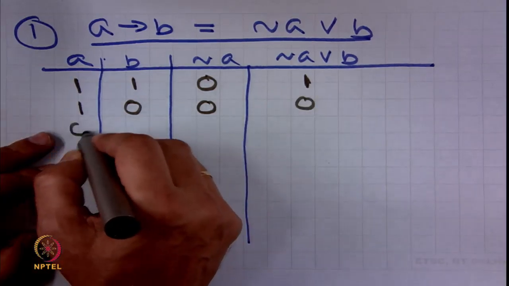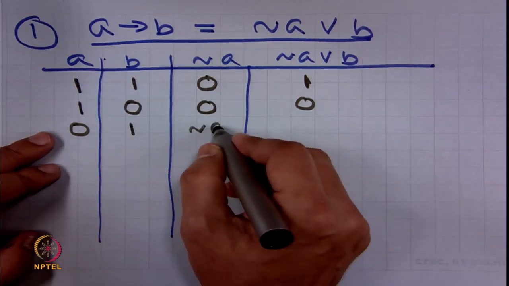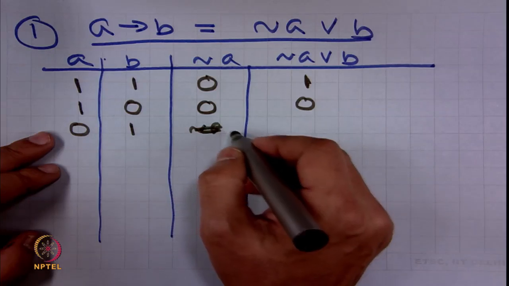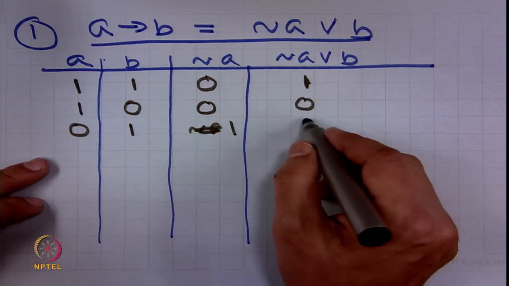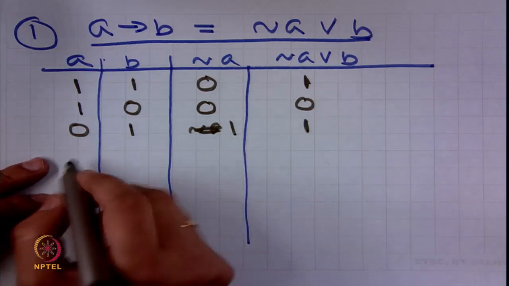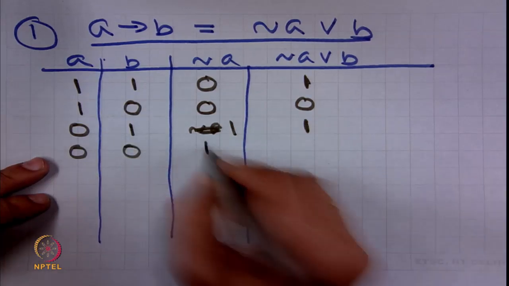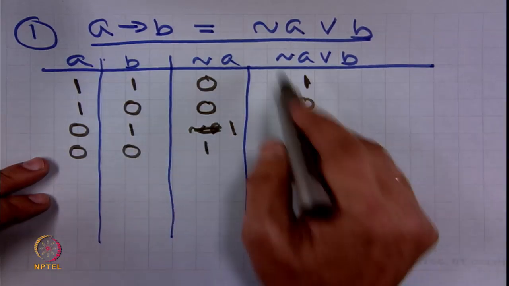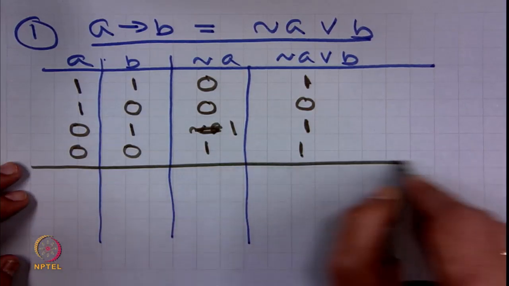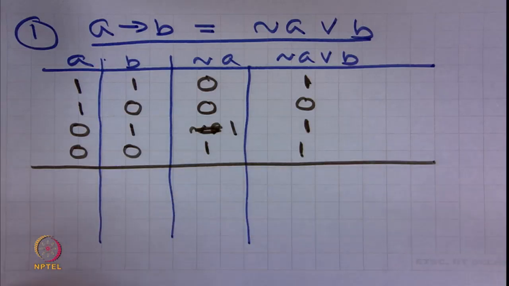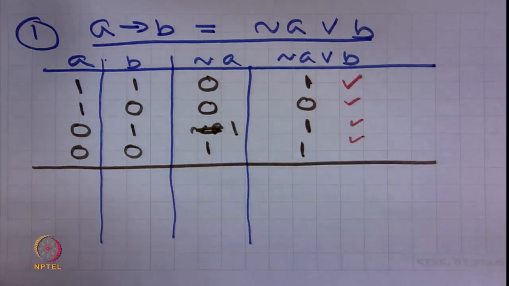If A is equal to 0 and B is equal to 1, not A is equal to 1, and therefore, not A or B is equal to 1 or 1 is equal to 1, and if this is 0 and this is 0, then not A is equal to 1, and therefore, not A or B is equal to 1. Therefore, for these 4 values we get the correct answer.